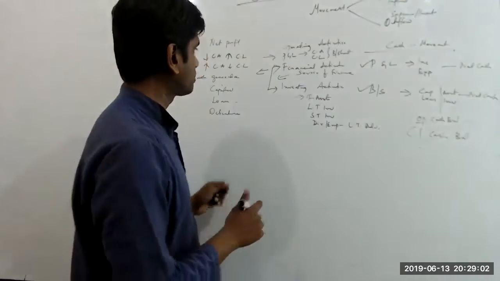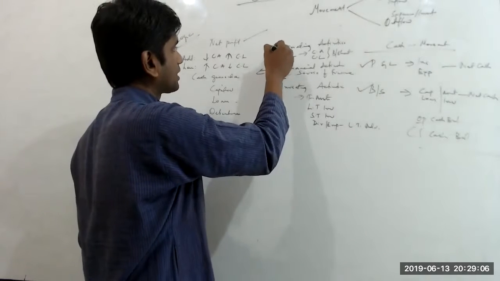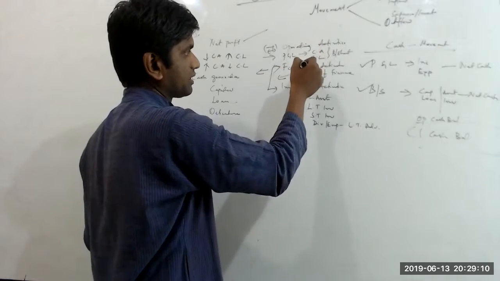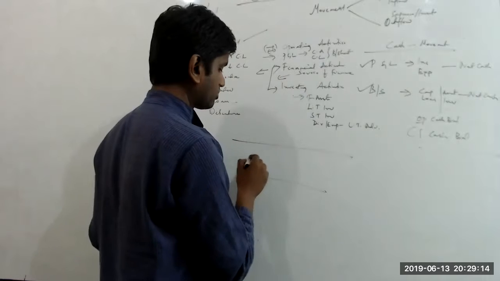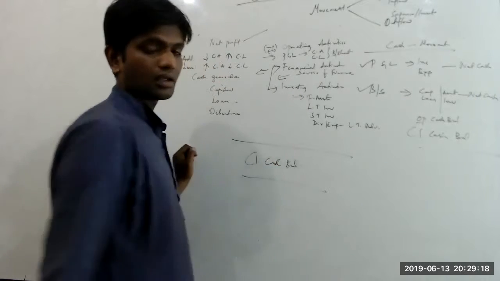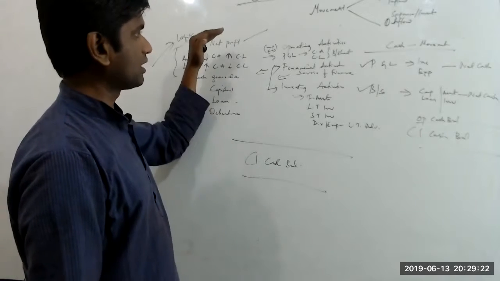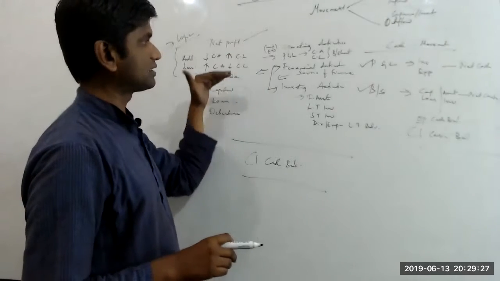So what I'm trying to do here is from the net profit, I'm going to add or subtract the net movement of cash under various heads, that is operating activities, financial activities, and investing activities, to arrive at my closing cash balance. So this will help me understand where the cash inflow or outflow is under these various heads.